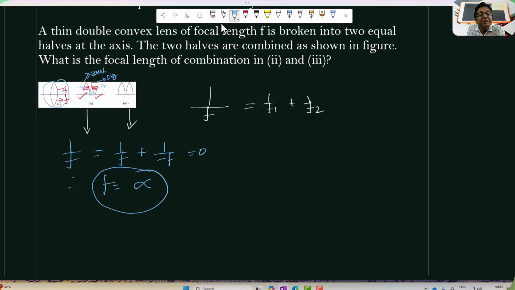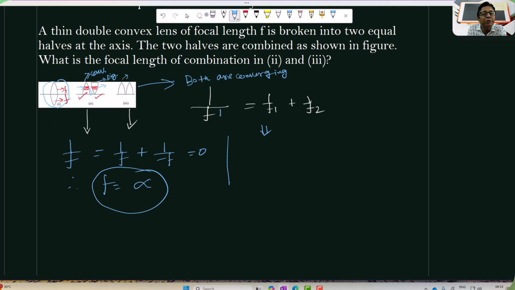What happened in the second case? Two lenses, both are converging here. Both the parts are converging. So it means the focal length of each part is going to be f only. Focal length doesn't change if you divide in this manner. So let the new focal length be f dash.